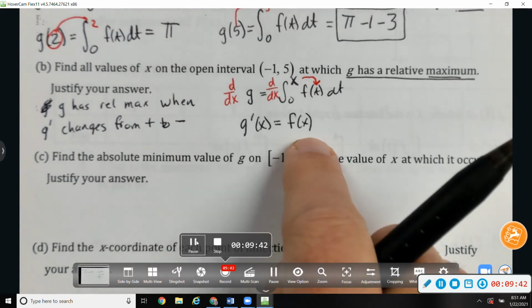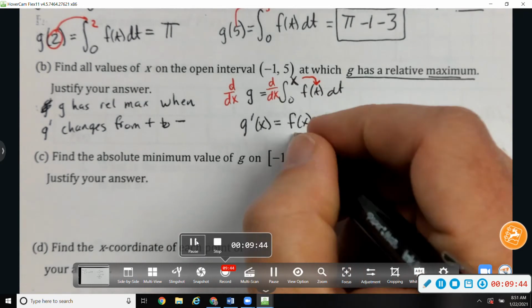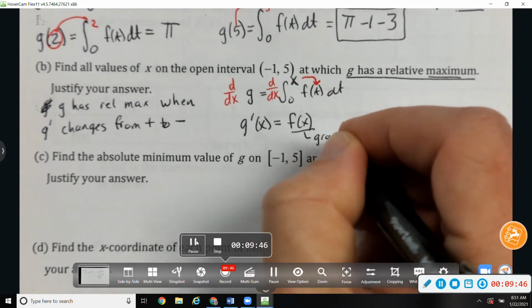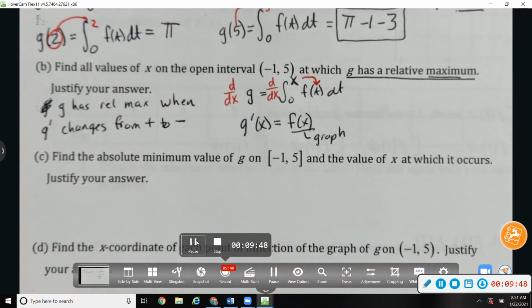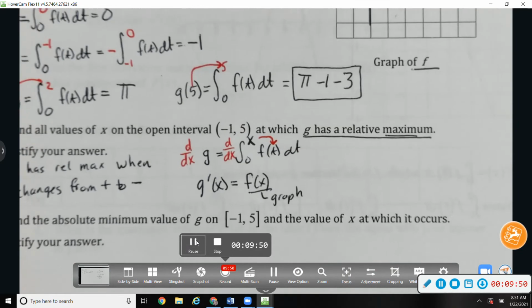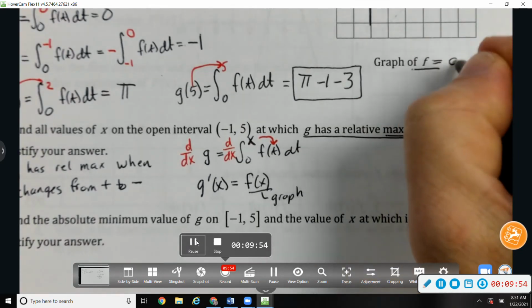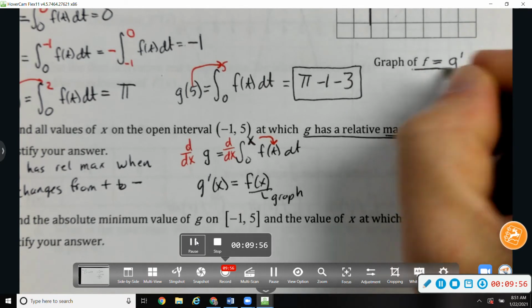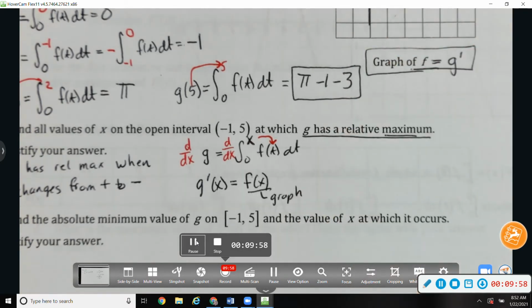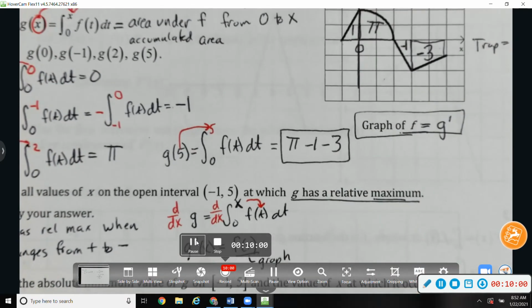So f of x, we have the graph. We know what f of x is. So that graph is the graph of f, but since f is g prime, it's also the graph of g prime. So let's just label that. Now we have to shift our thinking: we were thinking of it as a graph of the function, and it is, but now it's also the graph of a derivative of a different function.